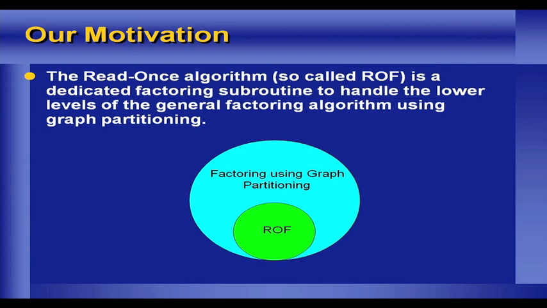So our motivation for looking at this problem actually started by looking at a problem of how to factor general Boolean functions into a short form, a problem which is very important in circuit design, very well studied for 50 years, and it's very, very difficult.